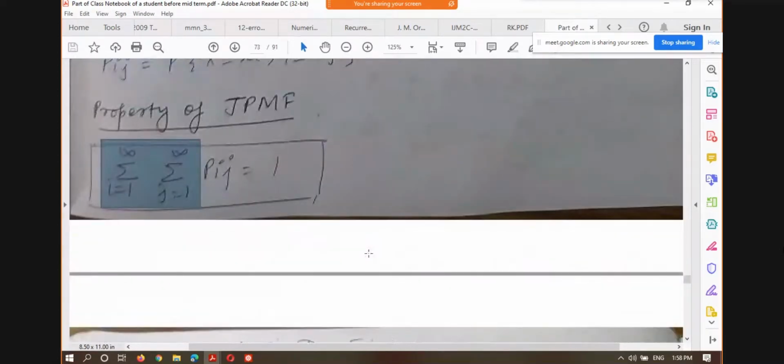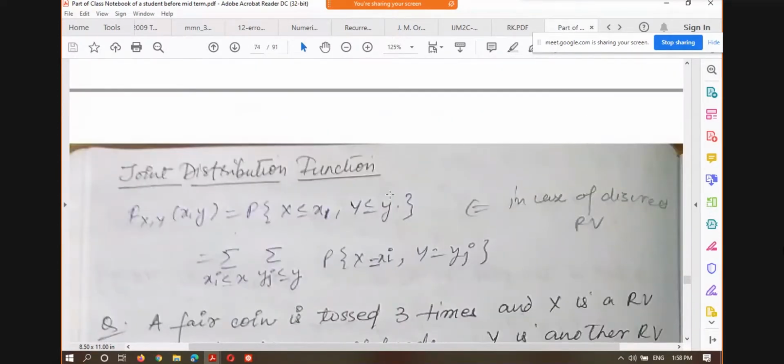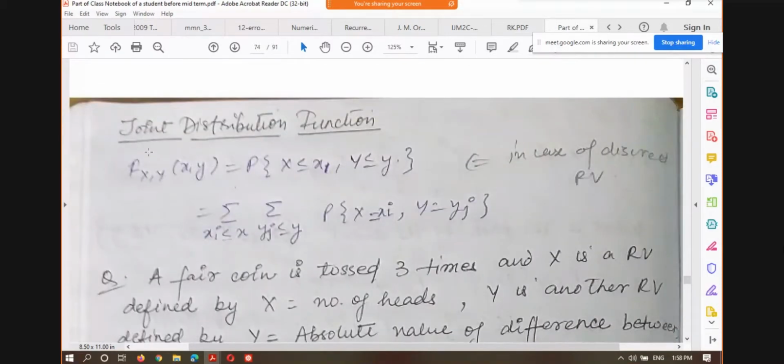Then how do we calculate the joint distribution function for the case of two discrete random variables? Earlier, for a single variable it is defined as the probability that X is less than or equal to x. But since we have two random variables, the joint distribution function F_XY(x,y) is the probability that X is less than or equal to x, comma, Y is less than or equal to y, where comma means intersection of these two events.